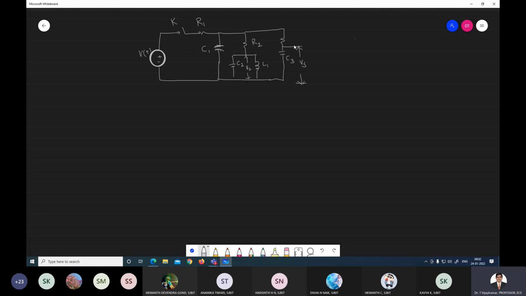This is the R3. From here to here, that voltage is V1. Voltage across the capacitor C1 is V1, voltage across the capacitor C2 is V2, and voltage across the capacitor C3 is V3.